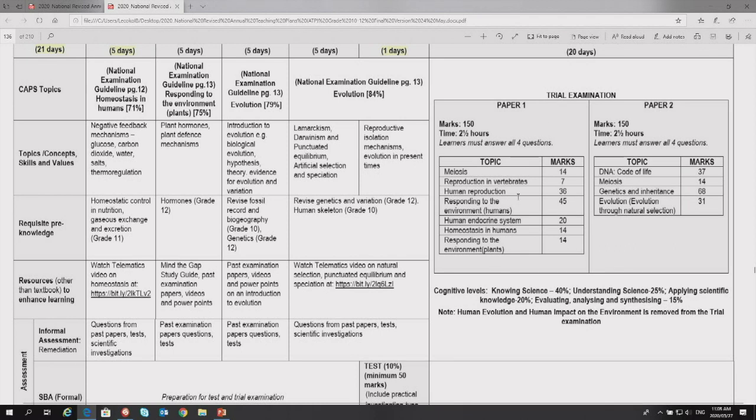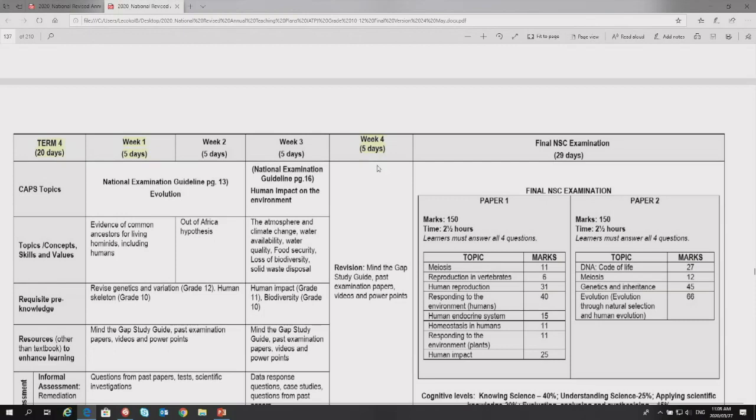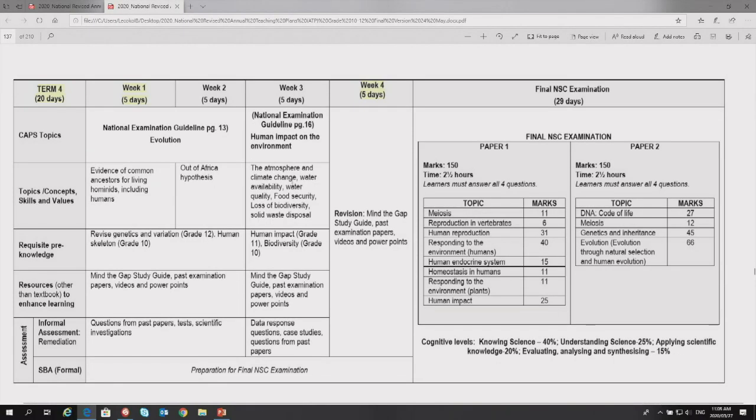But I really think that most provinces will go with a full trial exam, with a full paper 1 and a paper 2, and then complete the work until the end of human evolution at the end of term 3. That means that in term 4, if you have completed the work, you have this whole 4 weeks for proper revision of work.